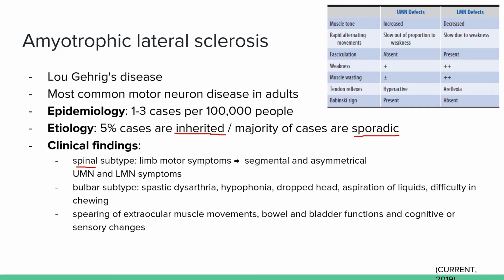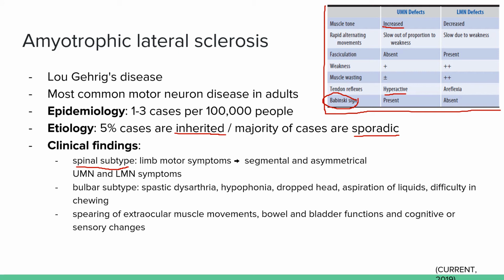In the spinal subtype, we see limb motor symptoms presented as segmental and asymmetrical upper motor and lower motor symptoms. In this table, we can see the clinical findings of this syndrome. In upper motor neuron syndrome, we expect to find increased muscle tone, hyperreflexia, and the presence of Babinski sign.